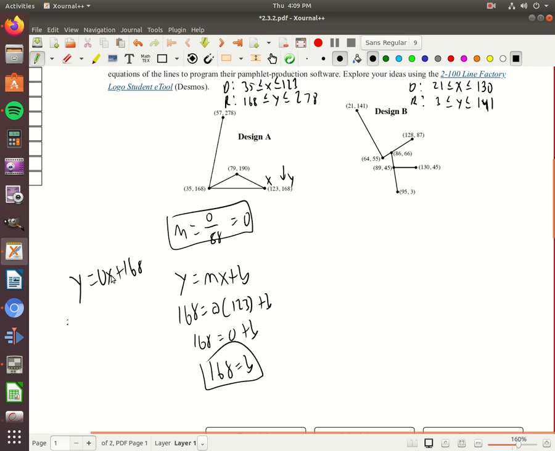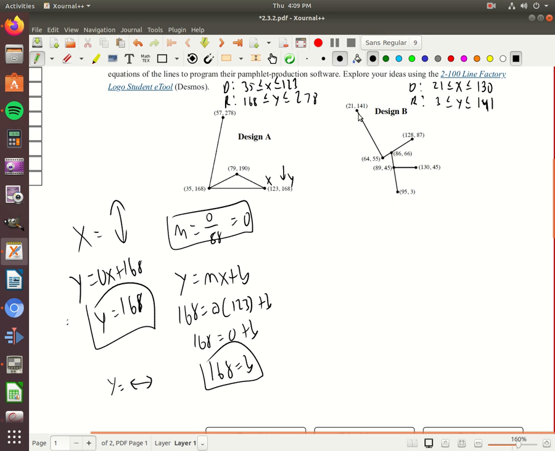Well, think about it. 0x is just 0, so I get y equals 168. I will say, this will probably come up more as we go, but y equals is from side to side. X equals goes up and down. And we'll talk about, I think, more later in the year why that is what it is. But I don't want this video to become about something else that it's not meant to be.